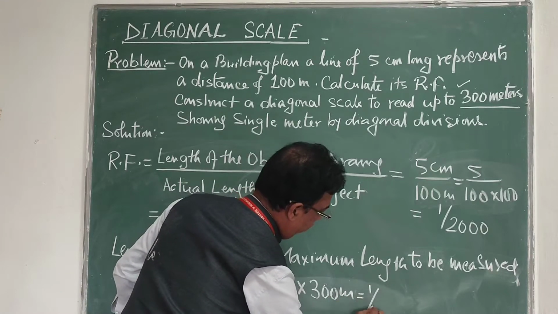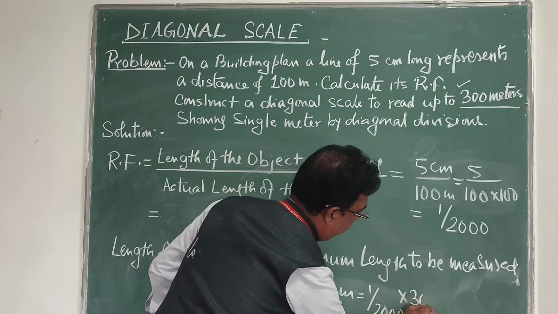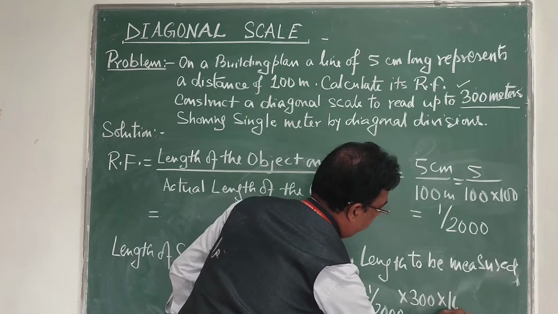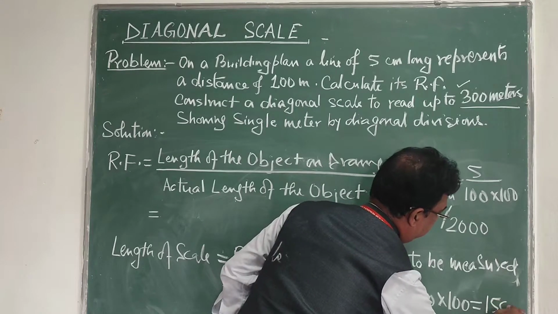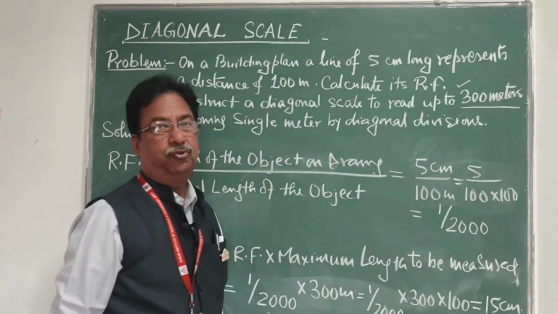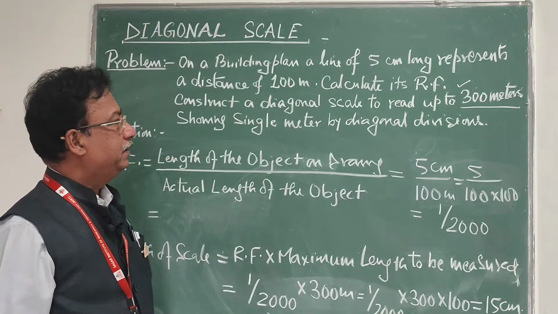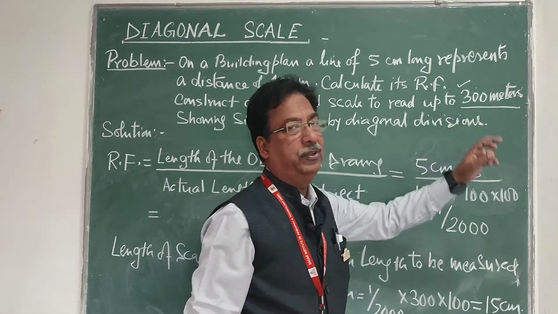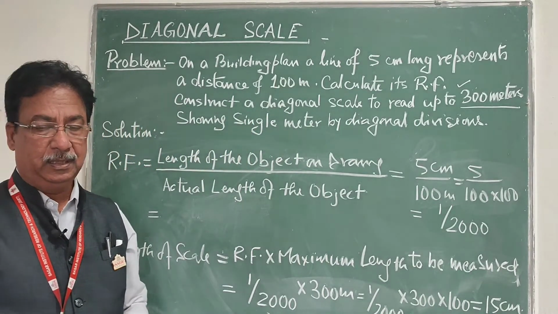So that is 1 upon 2000 into 300 into 100. So that comes 15 centimeter. So meaning that if I draw a line of 15 centimeter length, that will represent a line of 300 meter, that will show a distance of 300 meters.